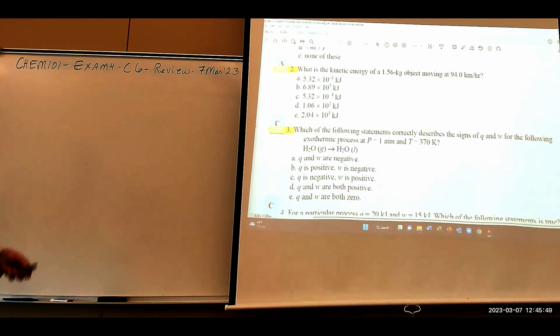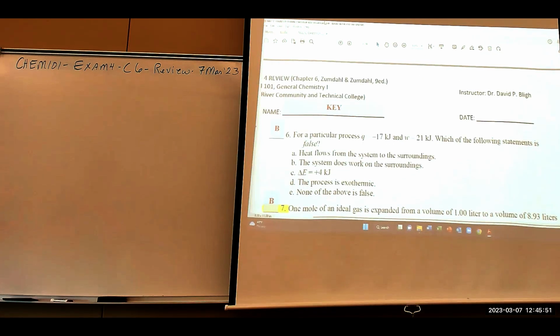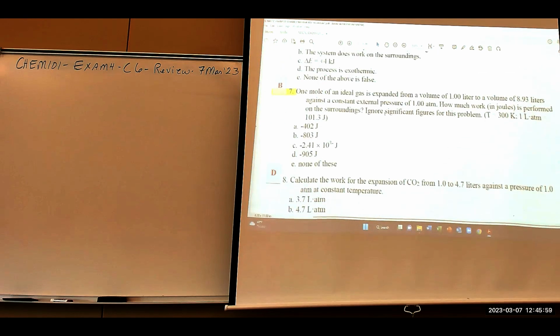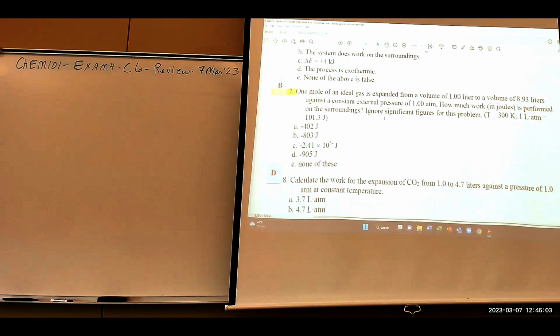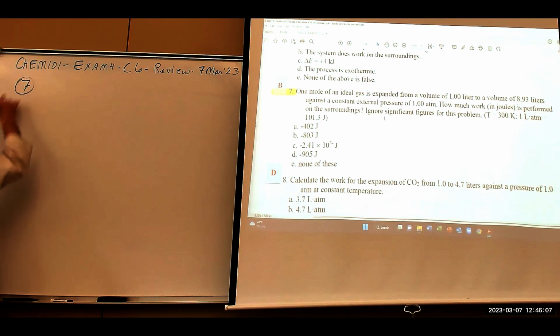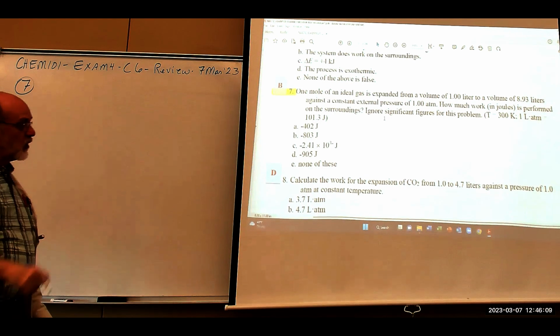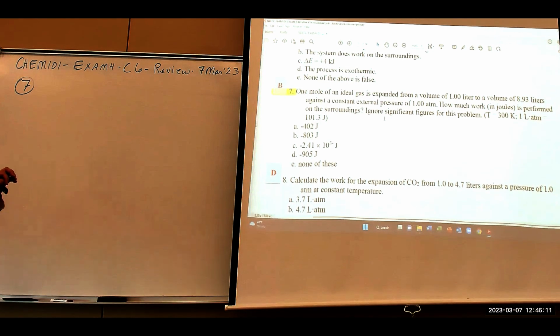All right. Let's see if I can do this. We've got to split. So just like that. 7. 1 mole of an ideal gas is expanded from a volume of 1 liter to a volume of 8.93 liters.